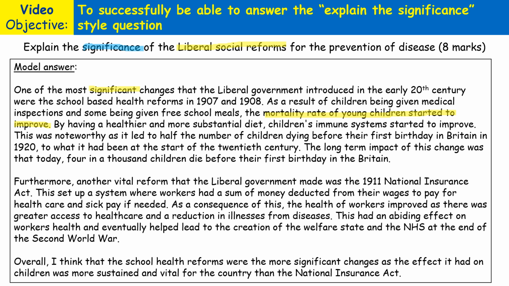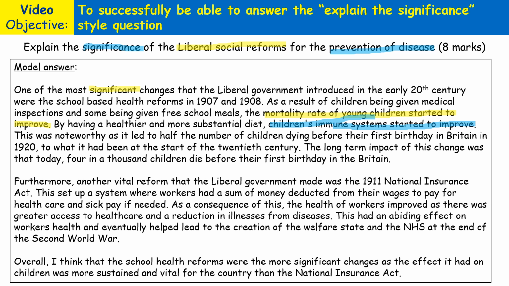By having a healthier and more substantial diet, children's immune systems started to improve. So here we're linking the reforms to prevention of disease, which is what we're being asked about again in the question. And with children's immune systems improving, they're less likely to get a disease. So we're again addressing the question in our answer here.